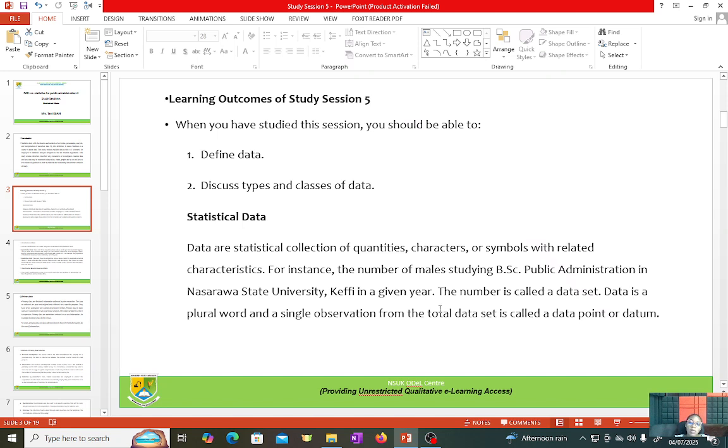So it could be a whole range of categories. The number is called a data set. Data is a plural word, and a single observation from the data set is called data point or datum.